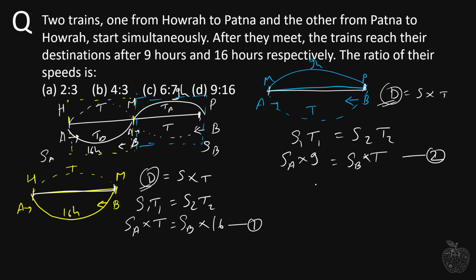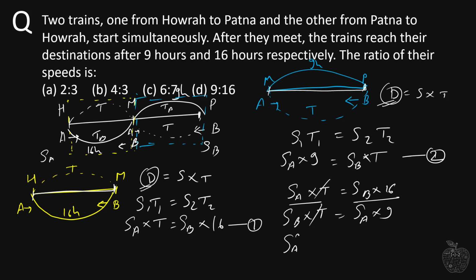Now we have equation 1 and equation 2. Let's divide equation 1 by equation 2. So we have equation 1, which is SA into T is equal to SB into 16, divided by SB into T is equal to SA into 9. Let's divide this, so we get rid of T, and SA goes to the left-hand side, we get SA square, and SB goes here, we get SB square, or I can say that this is SA over SB whole square, right?